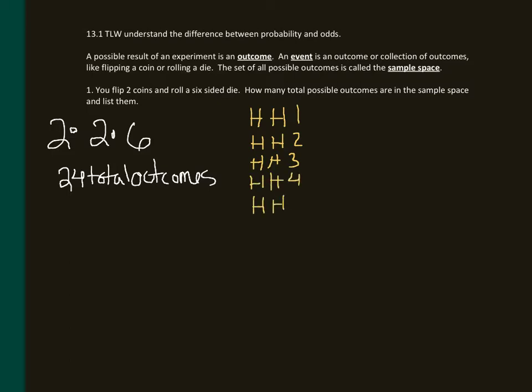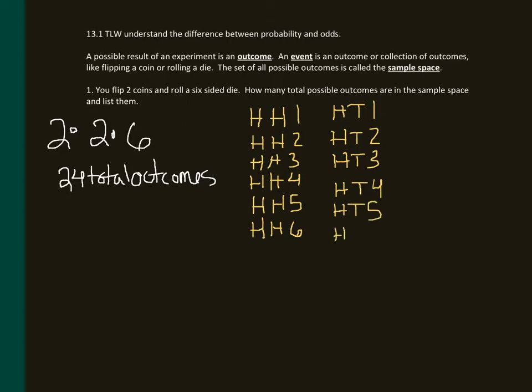Heads, heads, 5. Heads, heads, 6. So that took care of going heads, heads. Now let's go heads, tails. Heads, tails, 1. Heads, tails, 2. Heads, tails, 3. Heads, tails, 4. Heads, tails, 5. Heads, tails, 6.